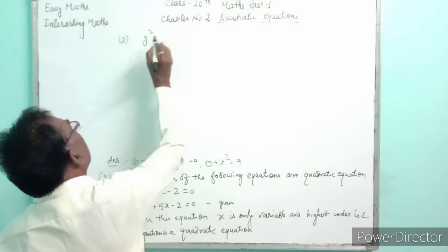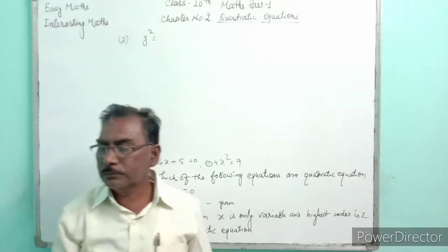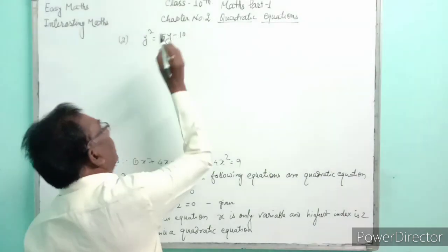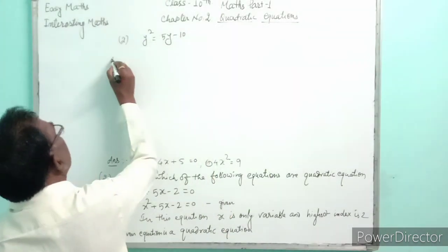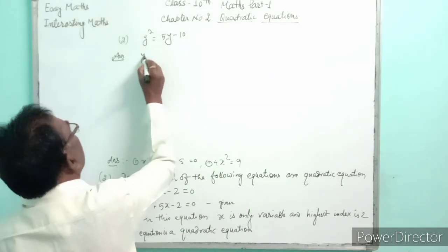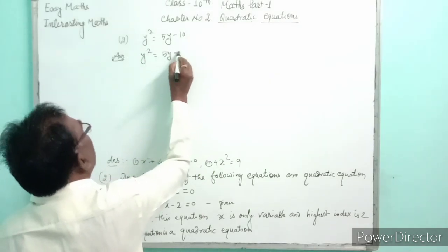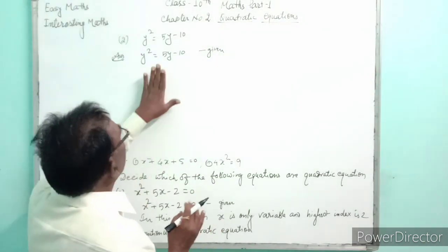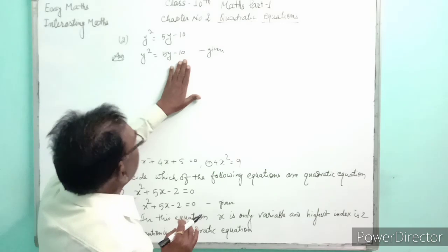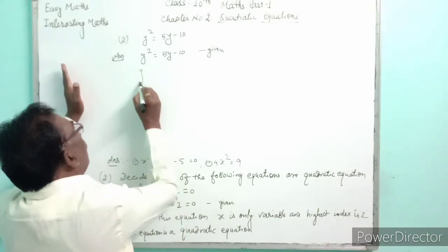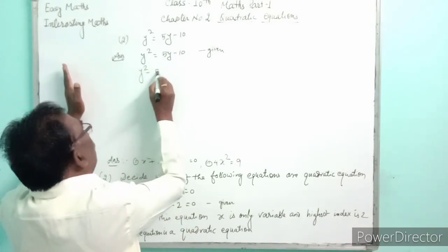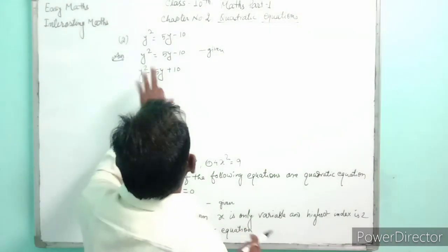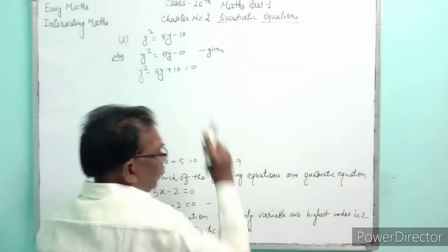y square is equal to 5y minus 10. We write here y square is equal to 5y minus 10. This is given. Now we transfer 5y and minus 10 to the left hand side. So y square minus 5y plus 10 is equal to 0.